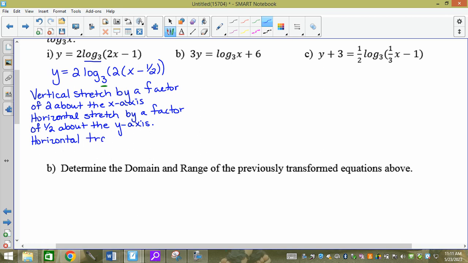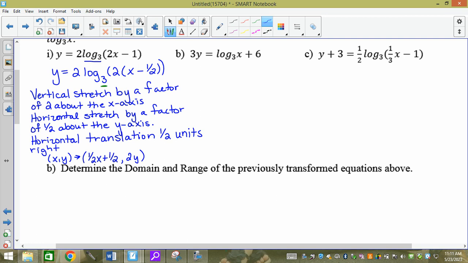Horizontal translation, 1/2 unit to the right. And then I want mapping. X, Y becomes 1/2 X plus 1/2, 2Y. Remember, words and mapping are the same. And then we want domain and range of the transformed equation.